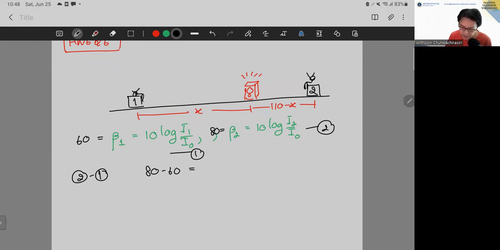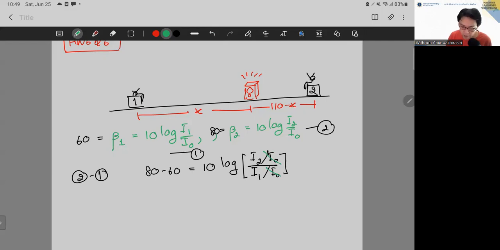On the right-hand side, I can pull out a common factor of 10. I have the subtraction of two logs, so I can set the argument as I2 over I0 divided by I1 over I0. Do you follow so far? And of course, I0 cancels.